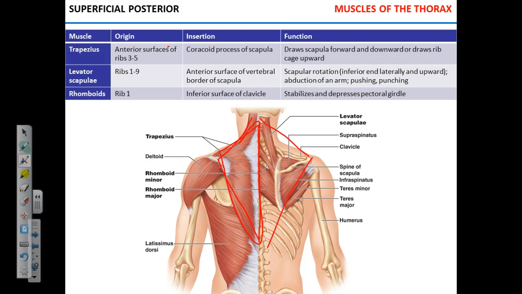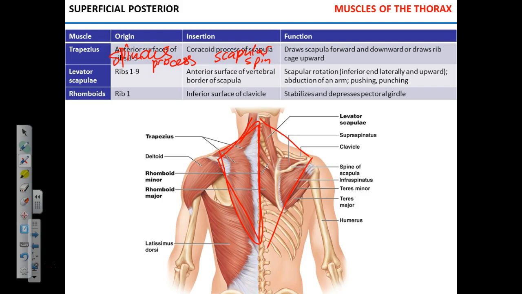The origin of trapezius is the spinous processes of the vertebrae, and the insertion is the spine of the scapula. Okay, and it elevates the pectoral girdle, elevates the shoulders. Does that make sense?